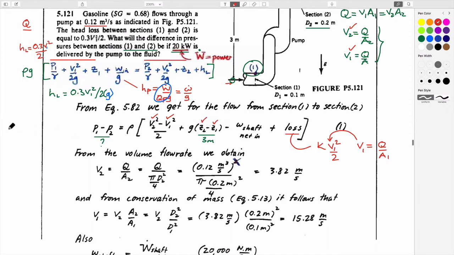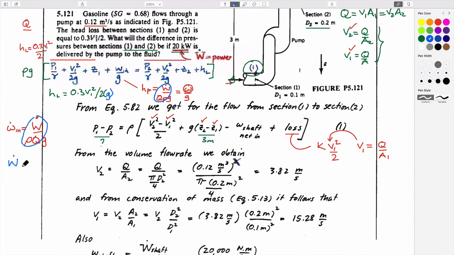So what do we know about lowercase w dot in? It is the same as this term here over density. It's density, not P, density times flow rate times G, right? So this term here is just these components here. And what do we know?